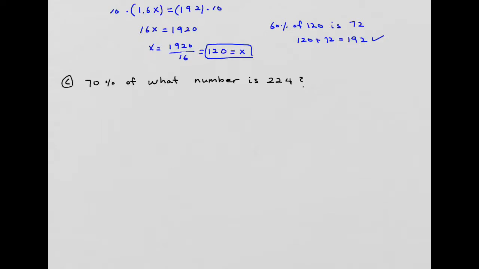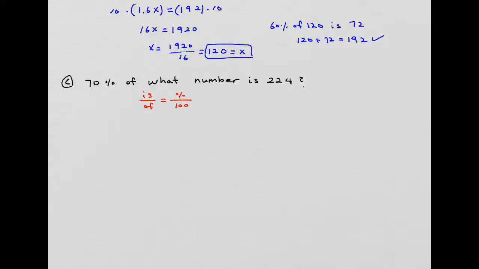Okay, example C. 70% of what number is 224? For something like this, I like to use the formula: is over of equals percent over 100.